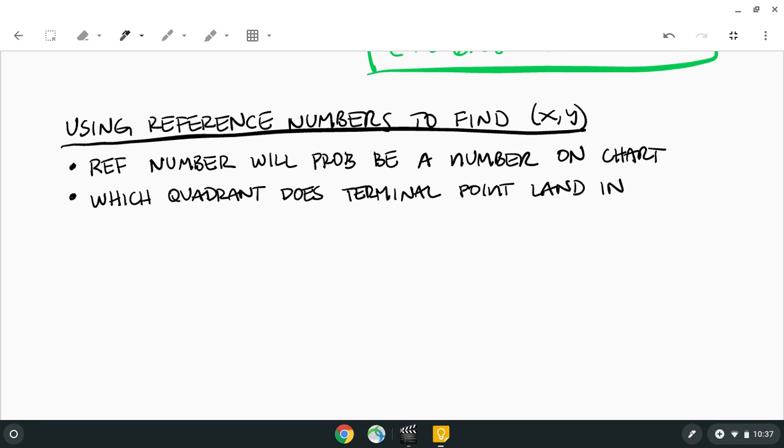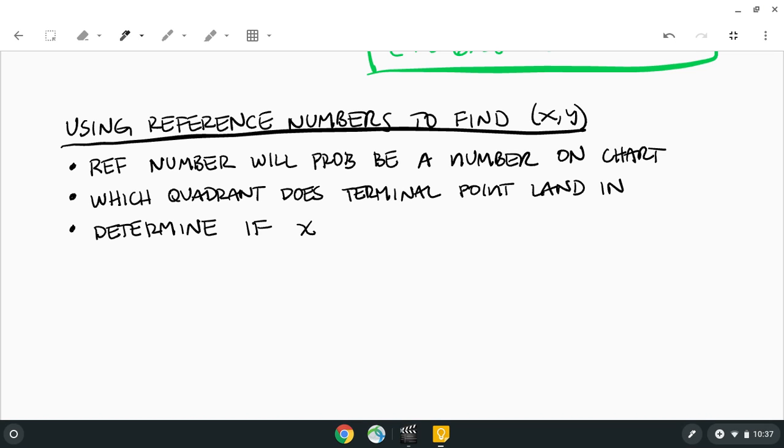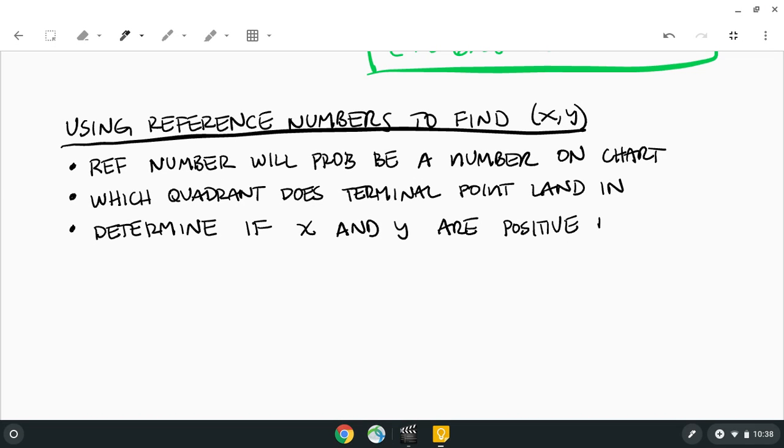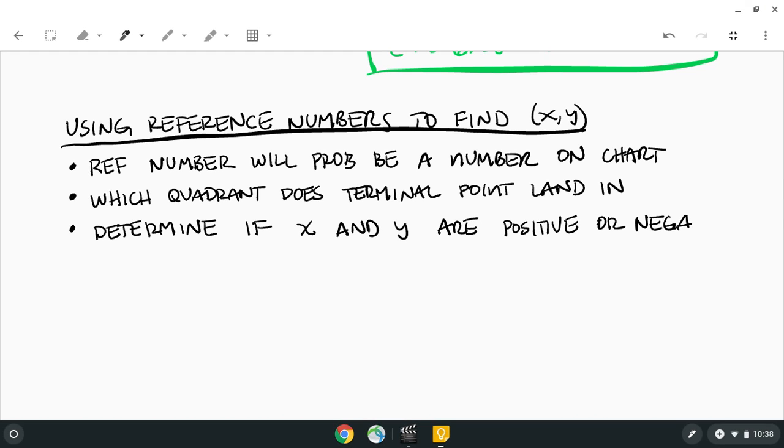And then from that, determine if your X and Y values are positive or negative. You'll only know that by knowing where it lands, what quadrant.